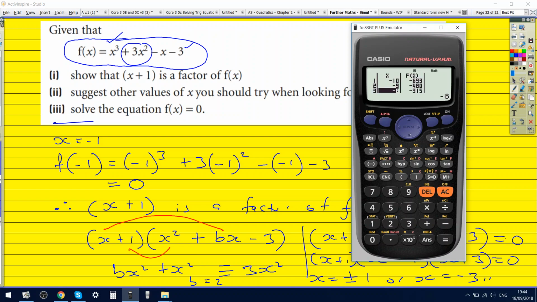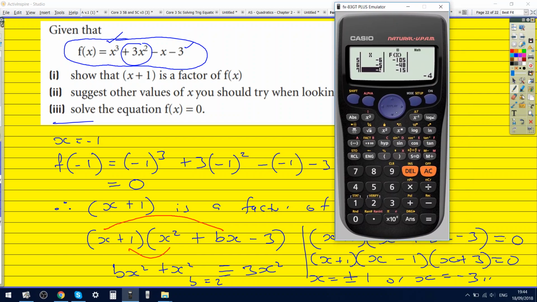What are the special values if you keep pressing down? Would it be 3 and 0? So when x is minus 3, the f of x is 0. Was minus 3 one of our solutions?